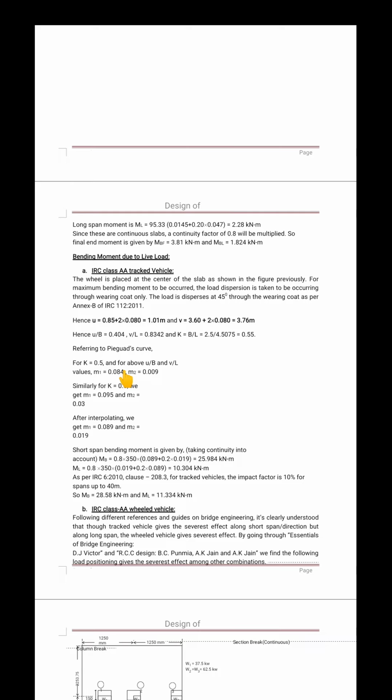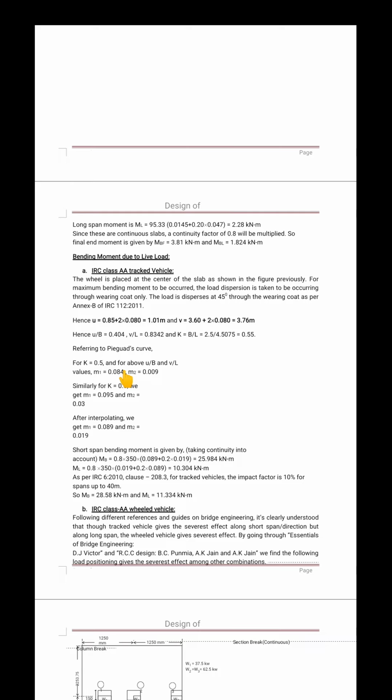This is your u. Similarly, v is the length of that tracked wheel, so that length is 3.6 meter, and dispersion it is 2 into 0.080. So our v is equal to 3.76 meters.